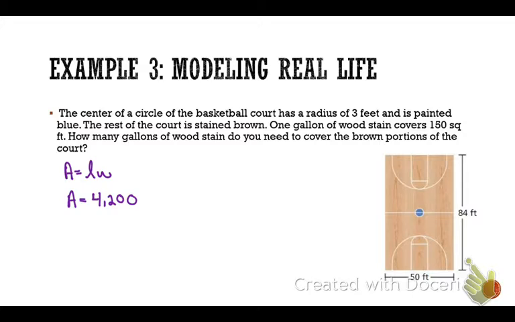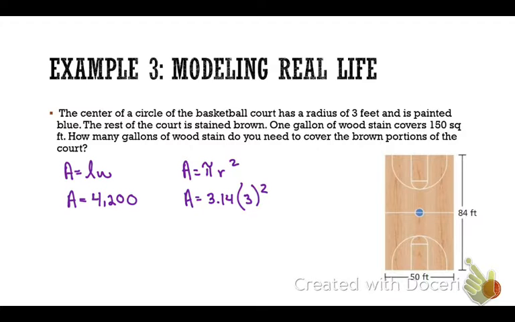However, you don't need to stain the little blue circle. So let's figure out what the area of the little blue circle is that I don't have to stain. Area equals pi r squared. So the area of the blue circle equals 3.14 times what's my radius? 3. Okay.